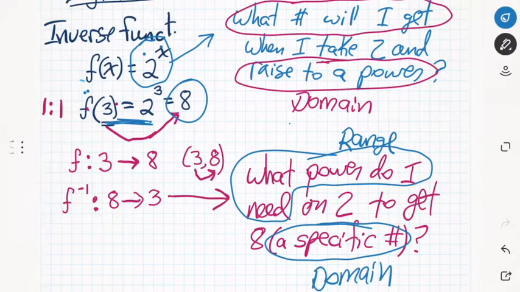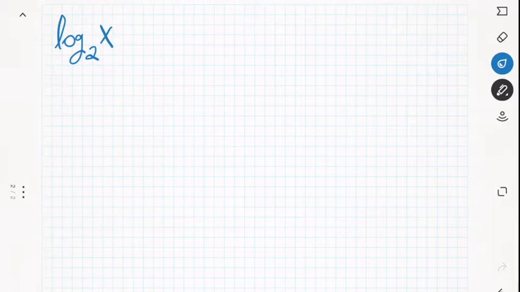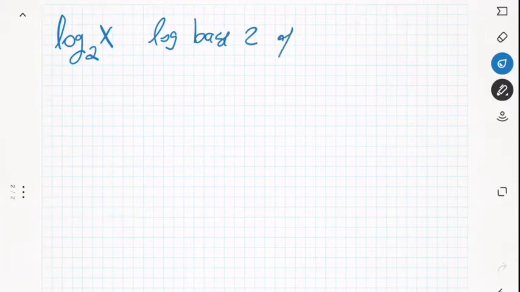So we're going to need to come up with a new notation, and we're going to use, obviously, this word up here, logarithmic. Okay, so if we're talking about a logarithmic, then the question was, what power do I raise 2 to get to a specific number? We're going to shorten that down to be log, and put a little 2 down here, and then the number would go there. So this is, read, log base 2 of x.